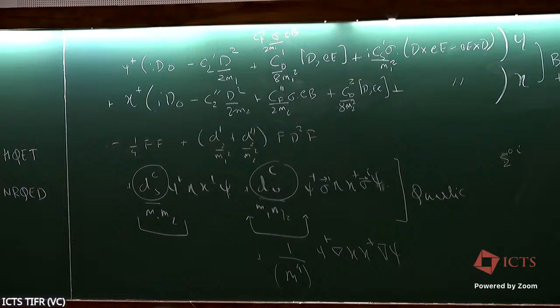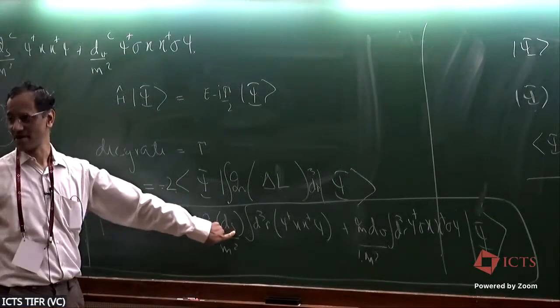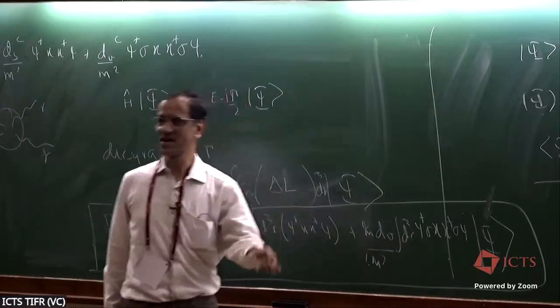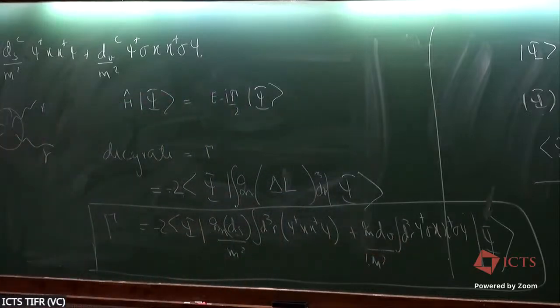If everything is within the Hilbert space, H is a Hermitian operator, it cannot have complex eigenvalues, and there's no notion of decay. But here it is not Hermitian, and that's exactly the reason why the decay rate will be related to the imaginary part of dS and the imaginary part of dV. So if dS and dV are real, then it cannot happen.